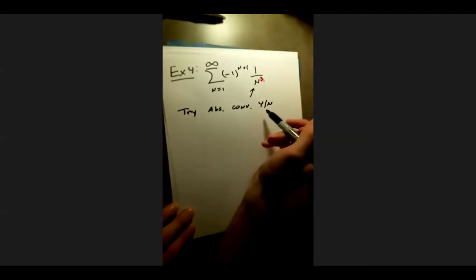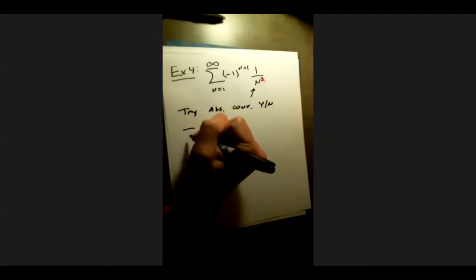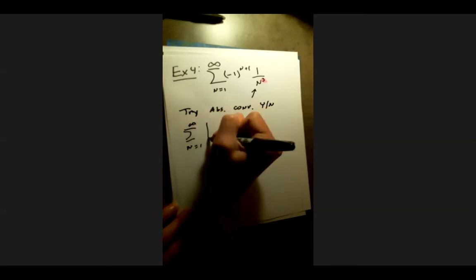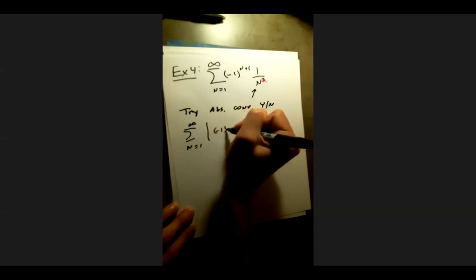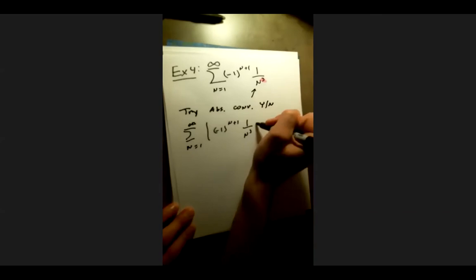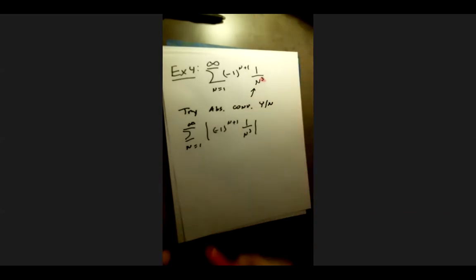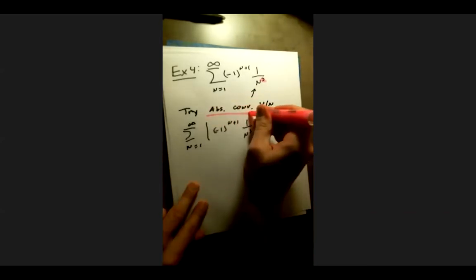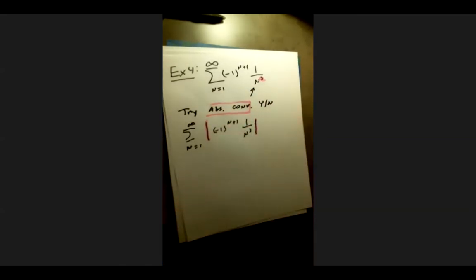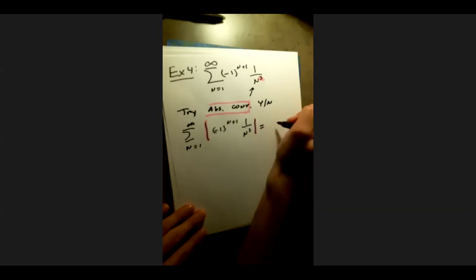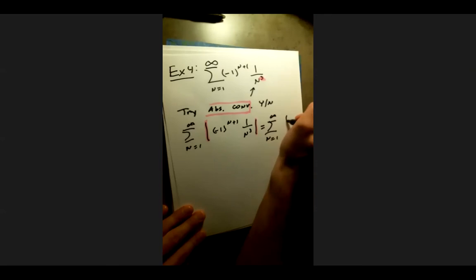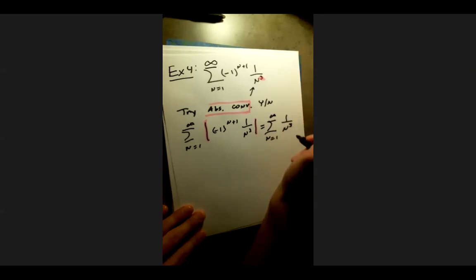If we want to figure out if it's absolutely convergent, we would look at the sum from n equals 1 to infinity of the absolute value of all that garbage. So we're taking an absolute value here, which gives us the sum from n equals 1 to infinity of 1 over n cubed.